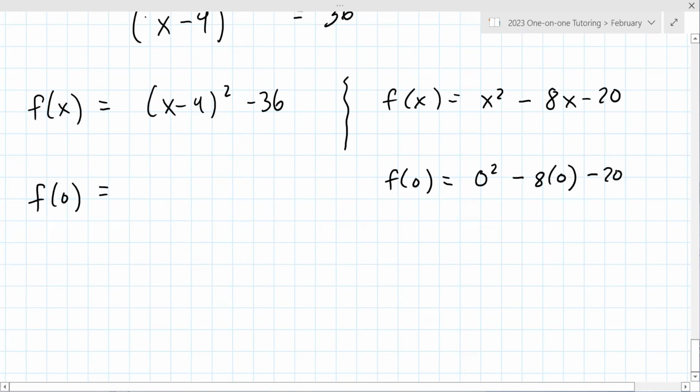Well, you're finding the y-intercept, but your instructor just says to evaluate f of 0. They say to put 0 in for x.